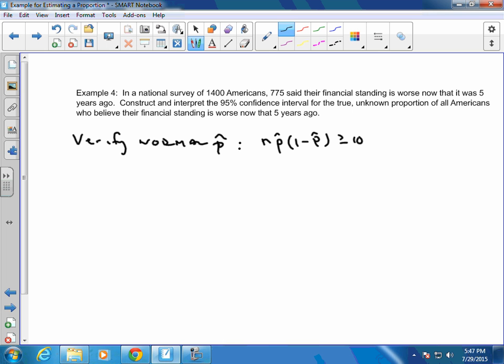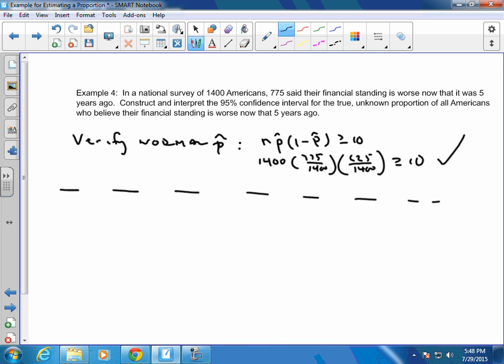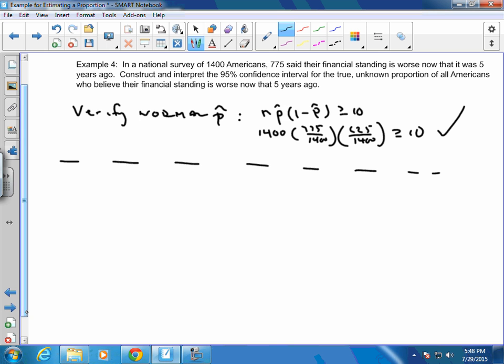Here you have to use p hat in the place of p, so you would be taking 1,400 for n. The sample proportion is 775 out of 1,400. And then 1 minus that would be 625 out of 1,400. And you could multiply that out on a calculator and verify that that's 10 or more. Again, unless the problem specifically says you have to verify it's normal, you don't have to do that for me.